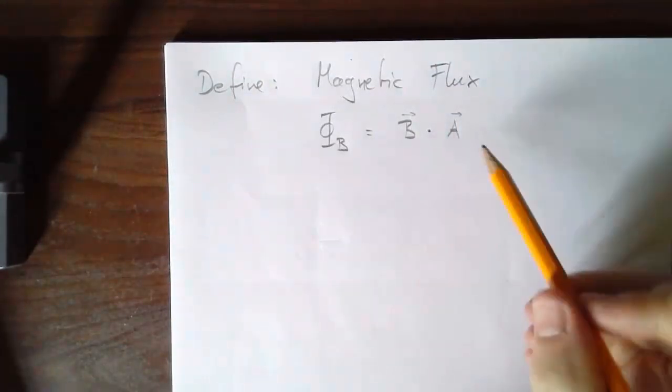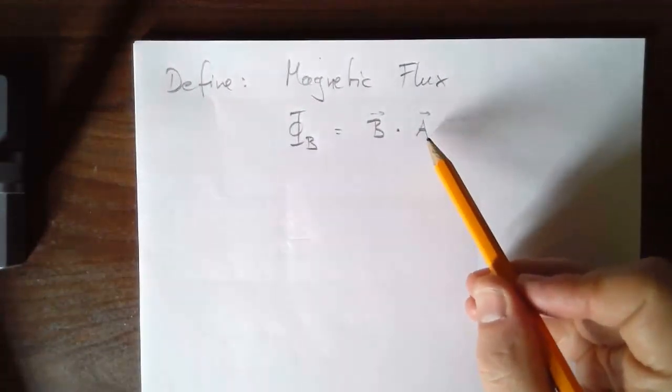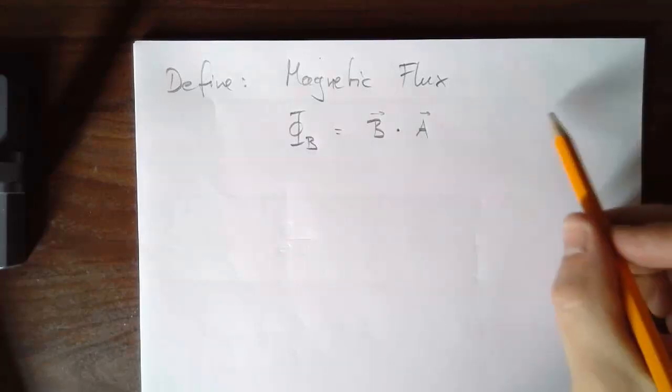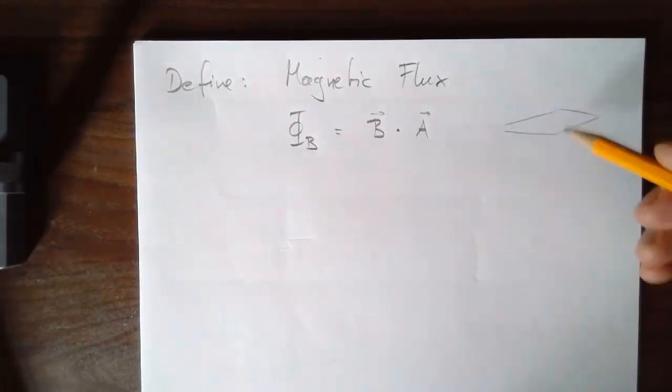So the area is once again defined the same way an area vector was defined in the case of electric flux, right? We imagine we've got an area here, trying to do it in 3D.